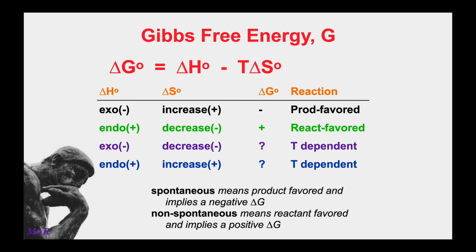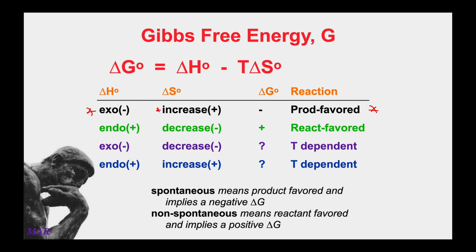There are 4 conditions of delta H and delta S that are possible, and scientists like to think about this because it affects the sign of delta G. So we talked about earlier how if you have an exothermic reaction and an increase in the entropy, the delta G is always negative. Those are always going to be product favored, spontaneous. Those are going to be good to go.